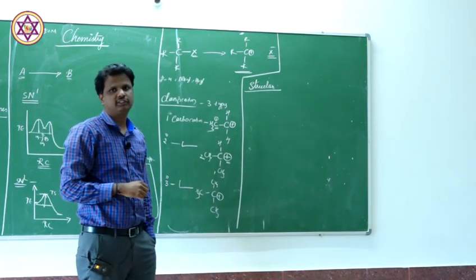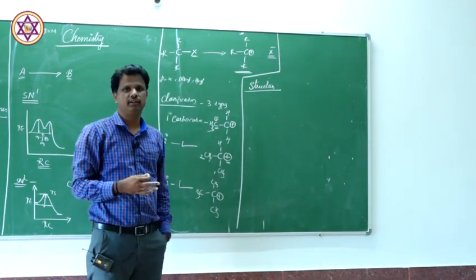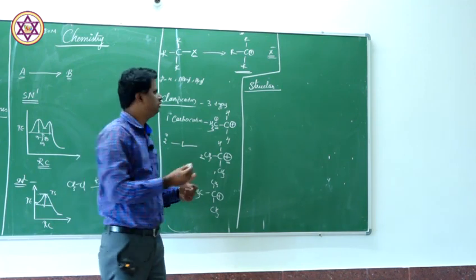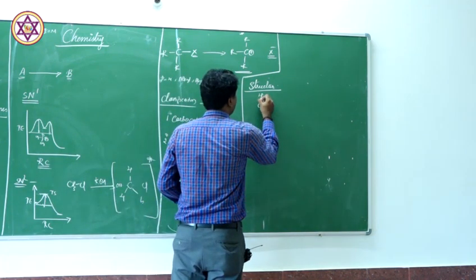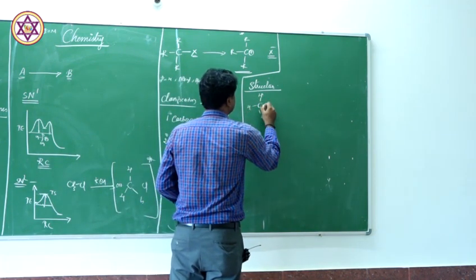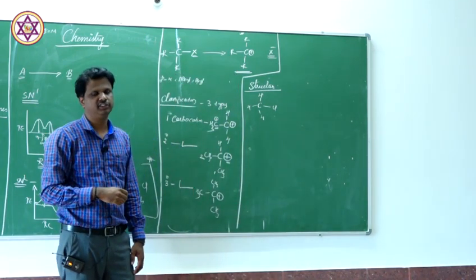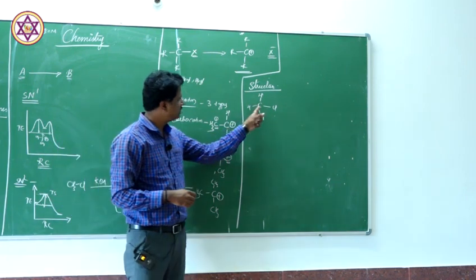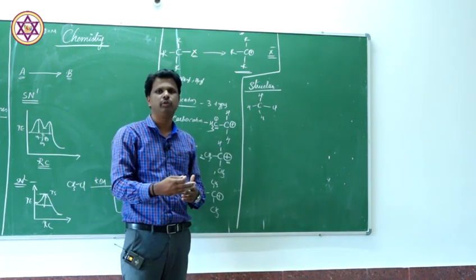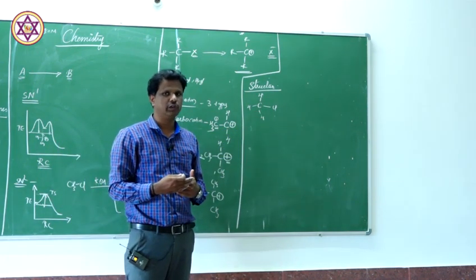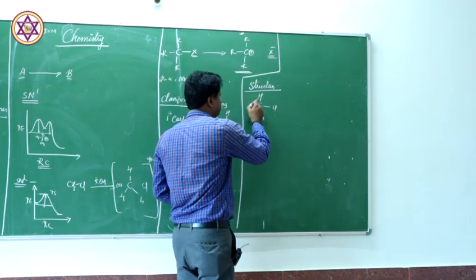From the elementary classes we all know that, if you look at this molecule, this is the methyl chloride molecule. I have written CH3Cl. Since this carbon is sp3 hybridized, the shape of this molecule is tetrahedral in nature.